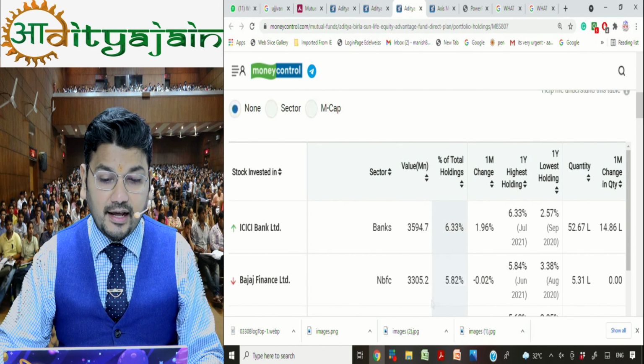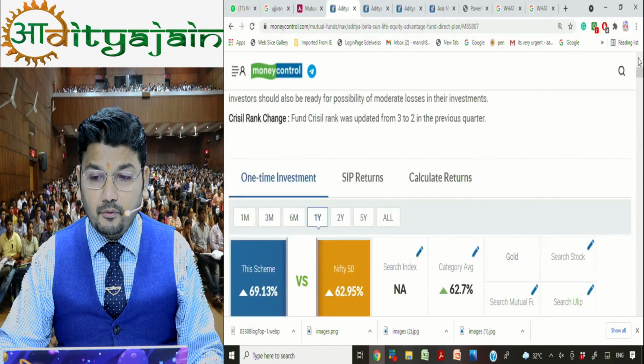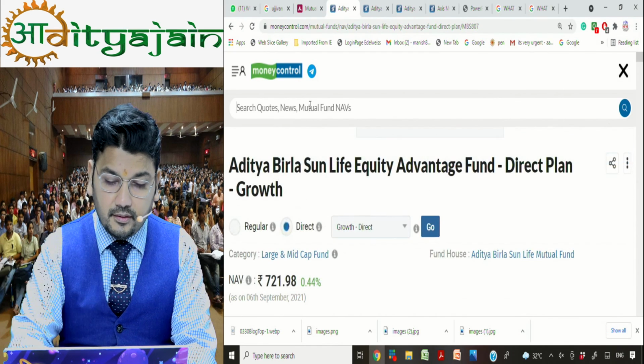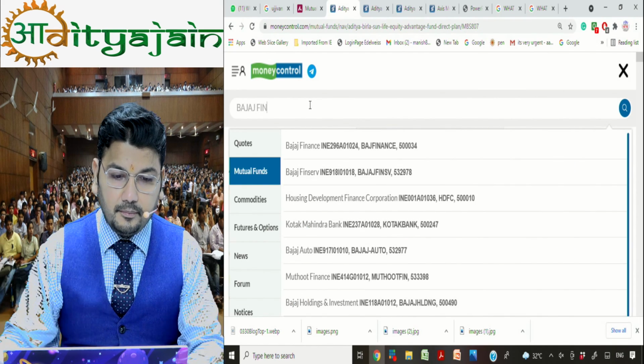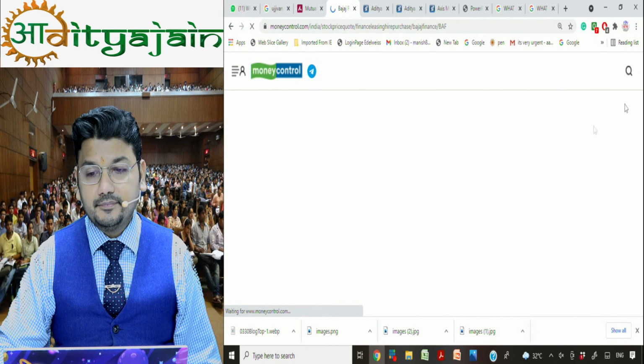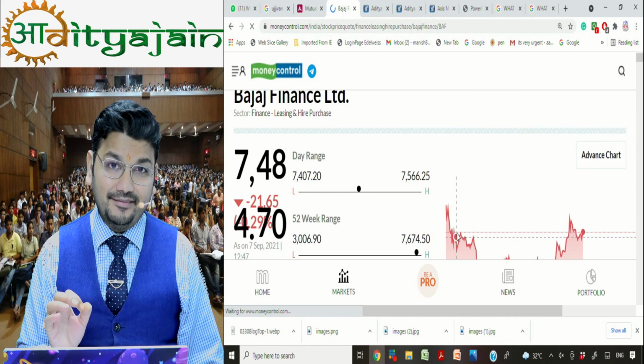Let's say Bajaj Finance. Bajaj Finance, one share value is 7,500.